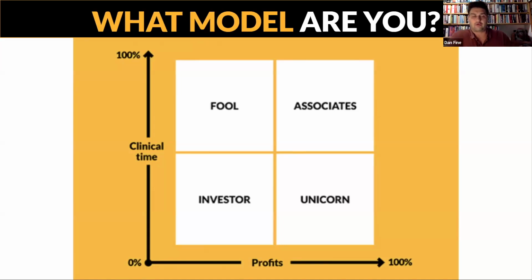So the thing to be aware of here is this line between fool and associate has gone much further to the right. So it's much easier for you now, if you're not of a certain scale, to be subsidizing the business of a principal. Whereas we used to say that point might be £1 million of revenue, it might be nudging towards 1.2, 1.3, depending on a few factors, where you can find that true profitability.